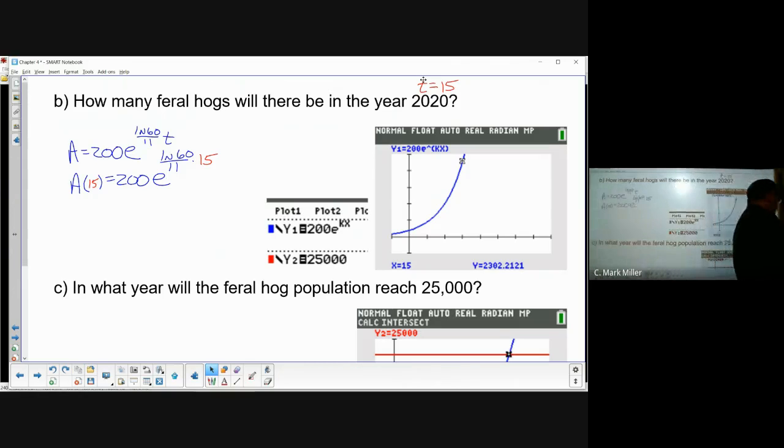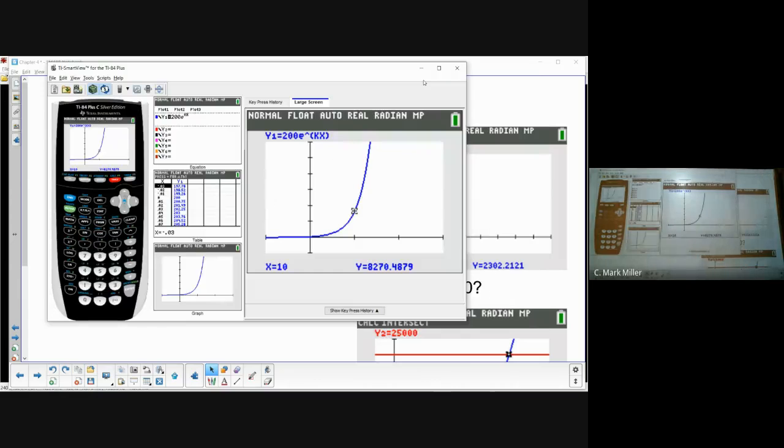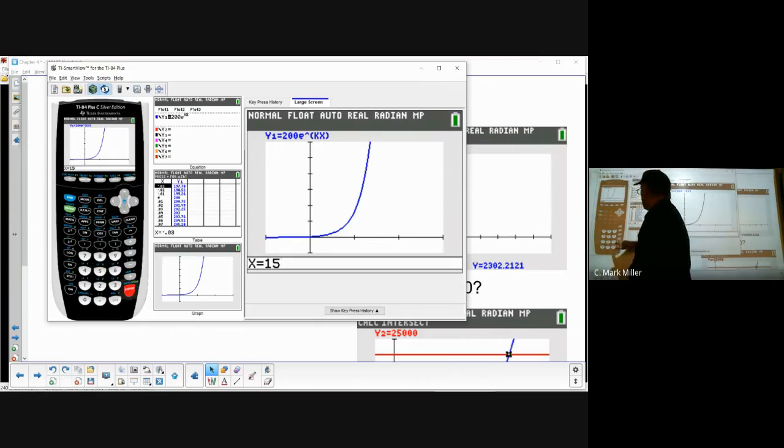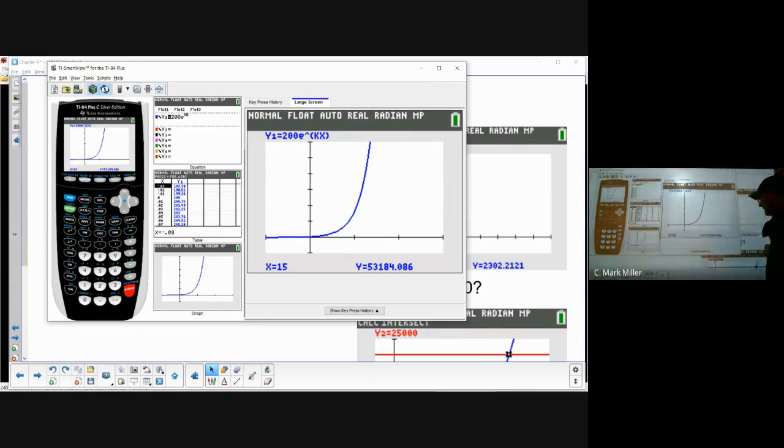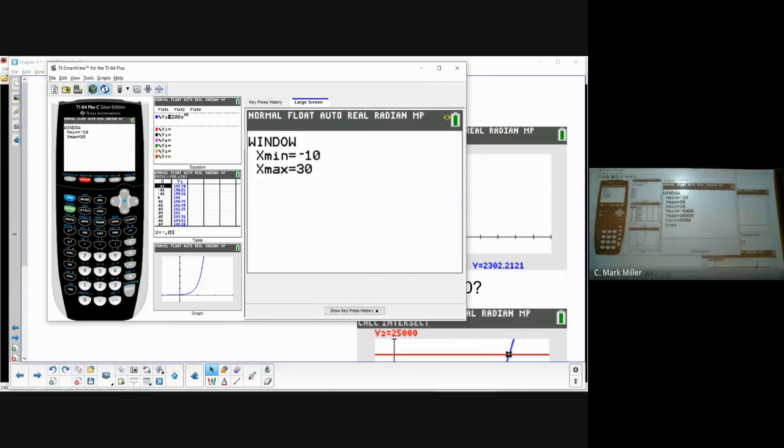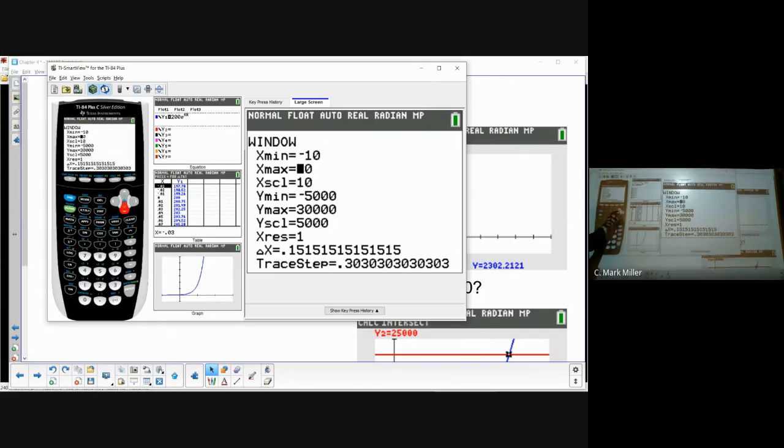Or you can go to your calculator screen. When you have the graph, just punch in 15. 1, 5. Uh-oh. I need to get some more Y. Let's see. I only went up to 30,000.